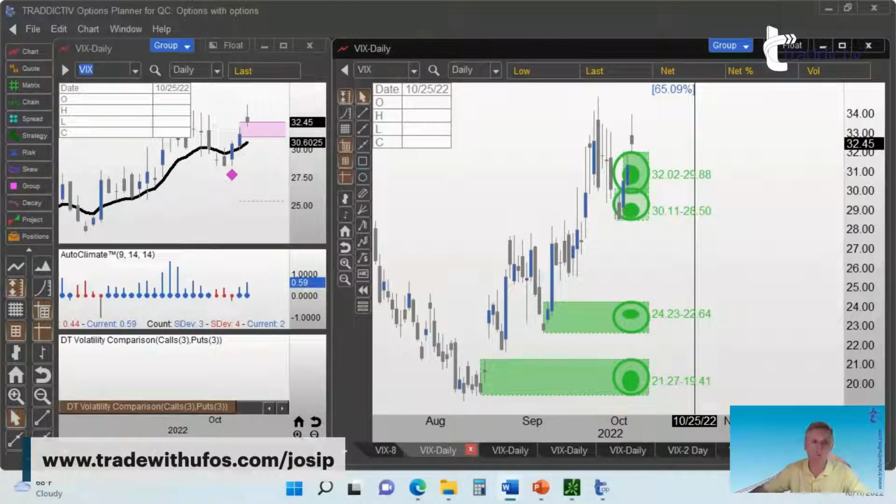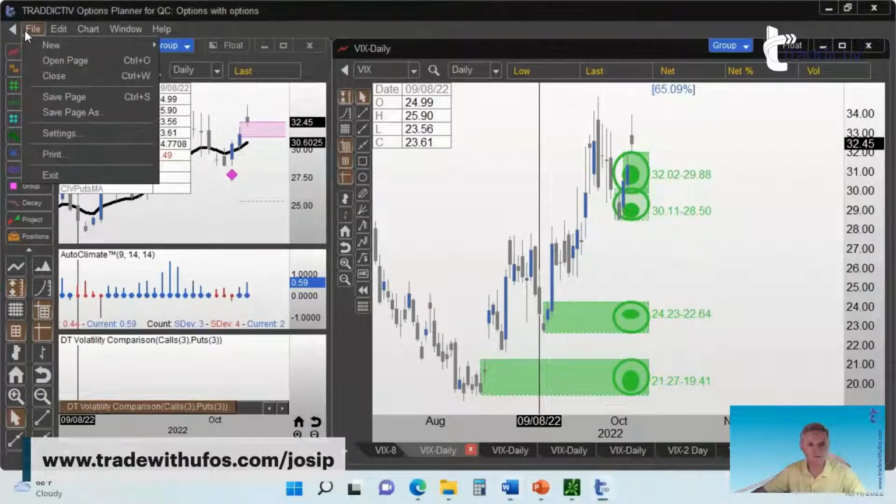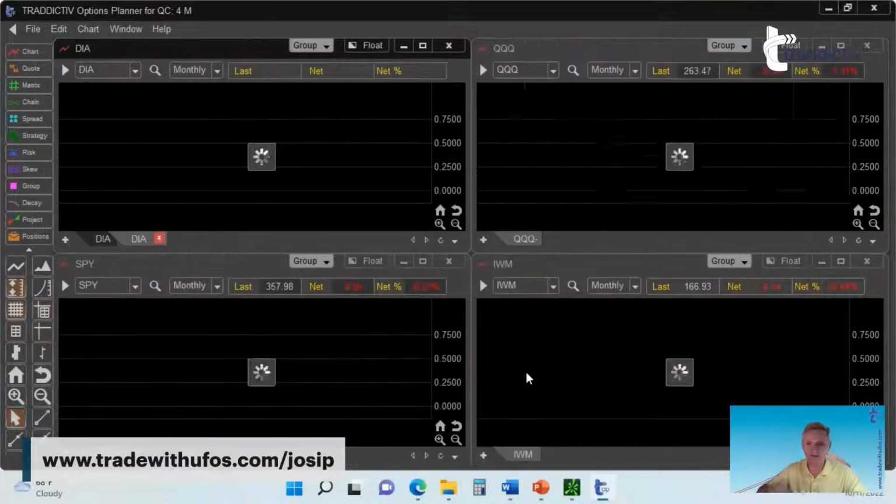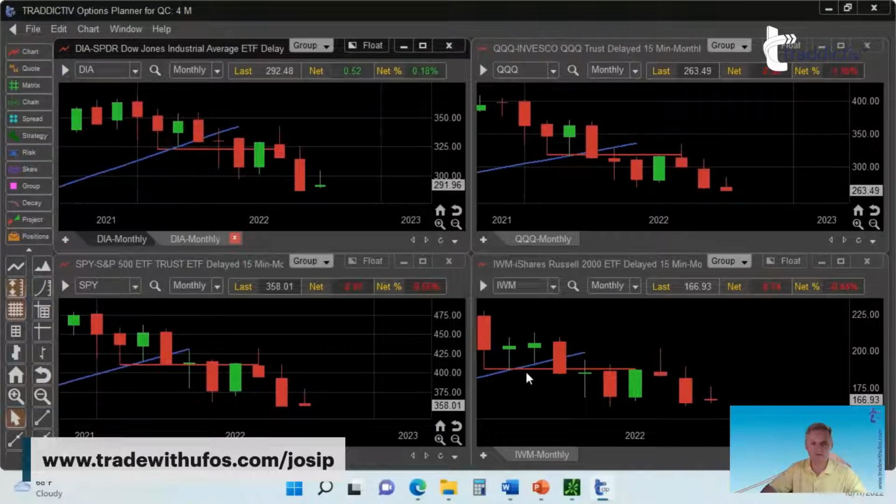However, that's not all about the big picture. We can look at monthly just for a few seconds and get the feel of what the four majors are doing, because looking at the daily right now is not going to do the trick. As you recall from last time, we were looking at these particular levels from the beginning of the year.